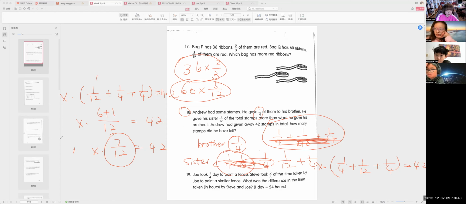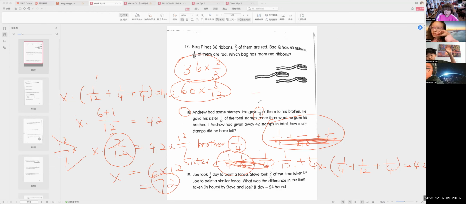So I times 12/7, right? Get it, Evan? Because 12/7 times 7/12 is gone. So x equals 6 times 12 equals 72.